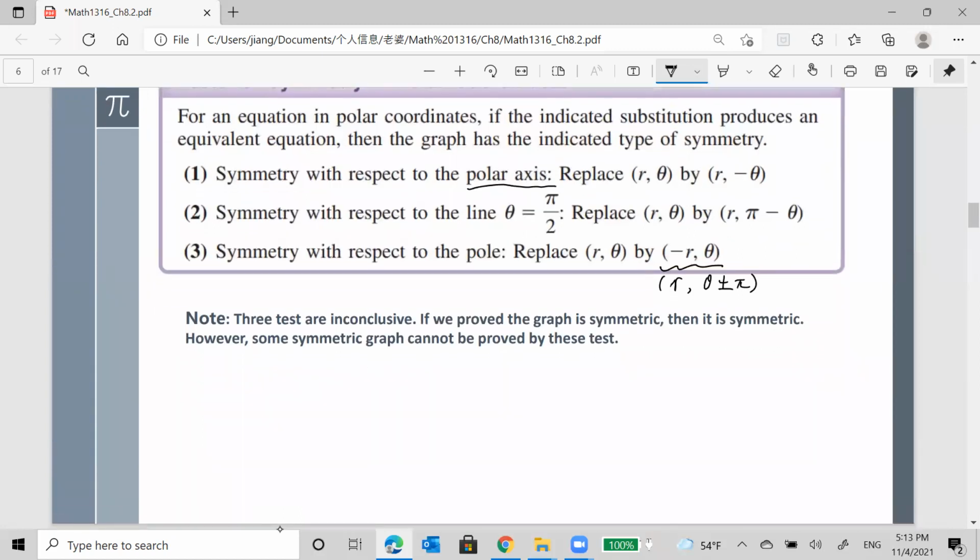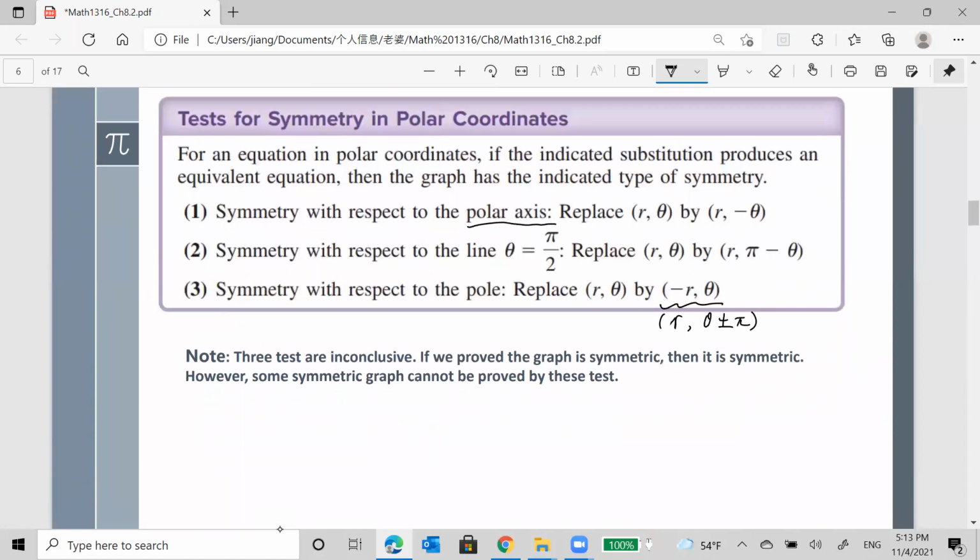So note, the 3 tests are inconclusive. If we prove the graph is symmetric, then it's symmetric. However, some symmetric graphs can't be proved by the test. That means if by the test we can prove this graph is symmetric, then it must be symmetric. But sometimes we can't prove the graph is symmetric.